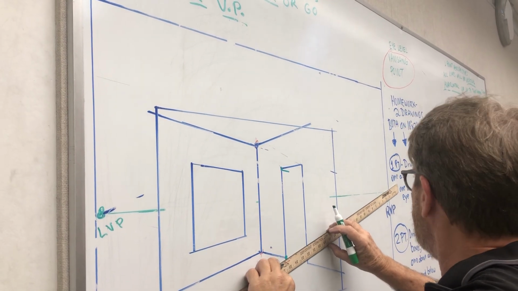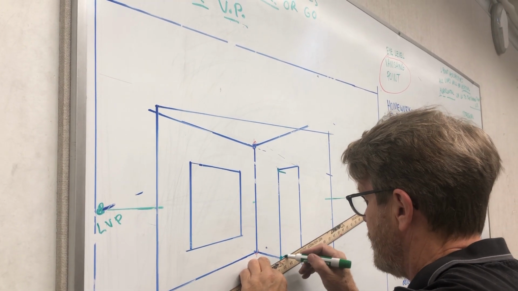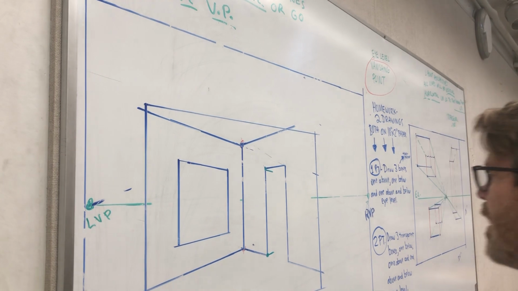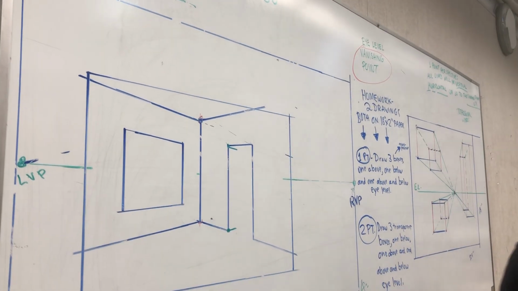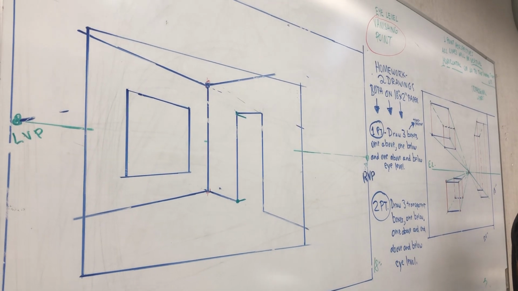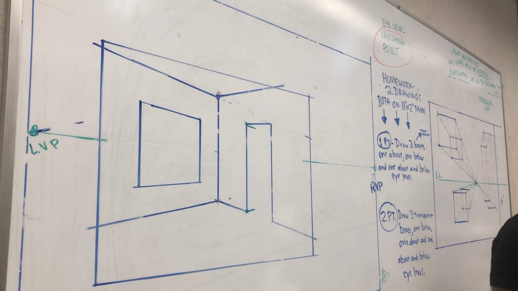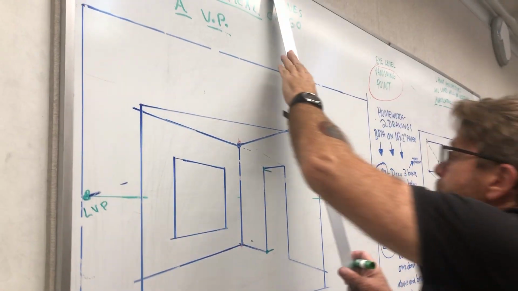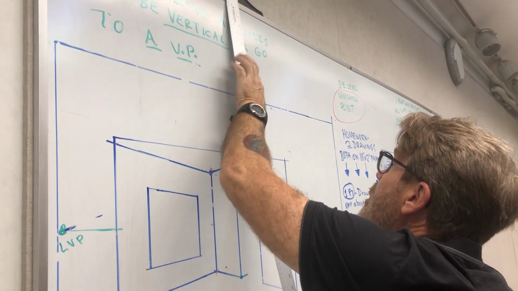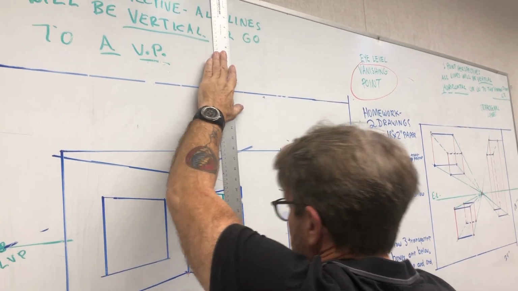Now I'm going to get these roughly the same length, width, or what have you. So those two green lines are going to my right vanishing point. We'll connect them with a vertical. Ta-da.